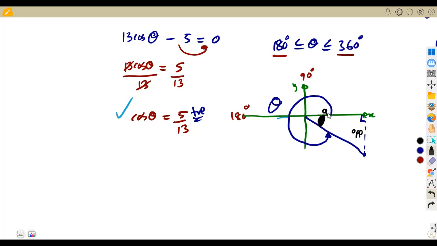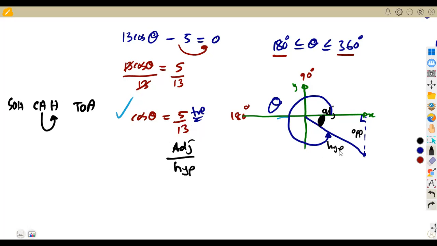So this is our adjacent, which is the x values, and the hypotenuse, which is always facing the 90 degrees, is our longest side. Remember from our SOH CAH TOA concept, cos is adjacent over the hypotenuse. So here we are given the ratio of the adjacent over the hypotenuse.